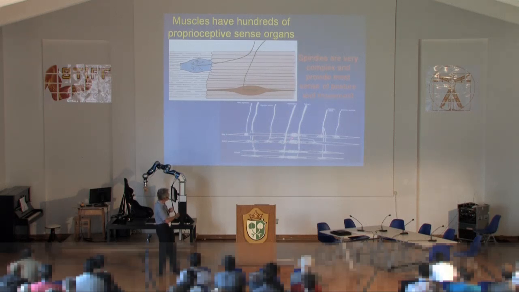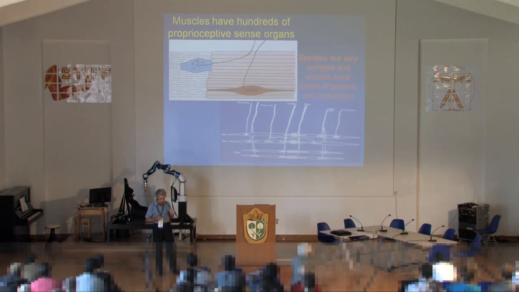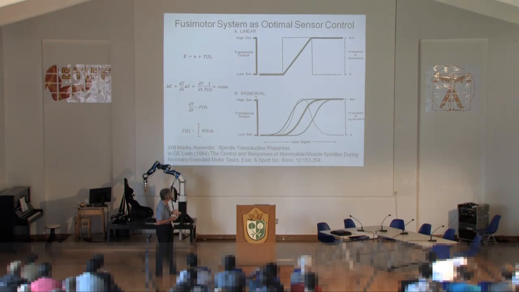The receptors are wrapped around the central portion of these little fibers in various combinations. And by adjusting the tension in these different kinds of muscle fibers, you can radically shift the sensitivity of the spindle either to changes in length or to changes in velocity or any combination thereof, which is a useful thing in a system that has a very wide dynamic range and transducers that have individually rather limited dynamic range.